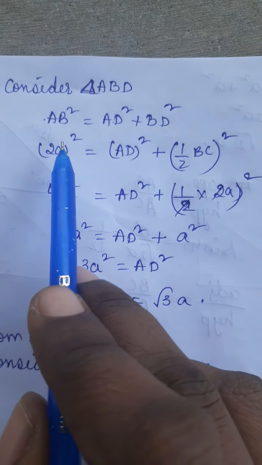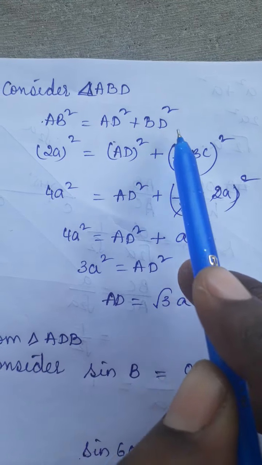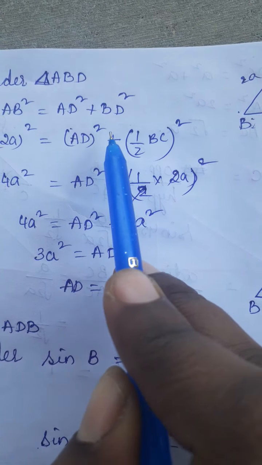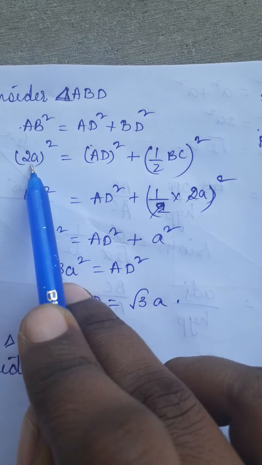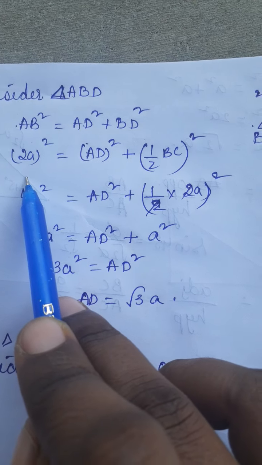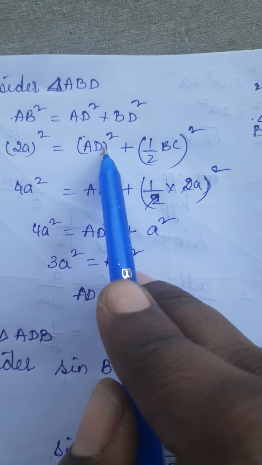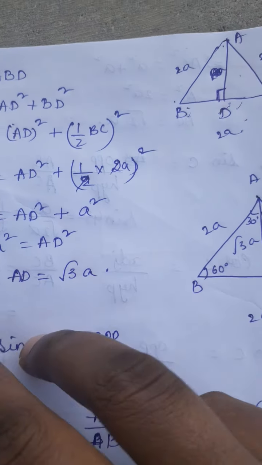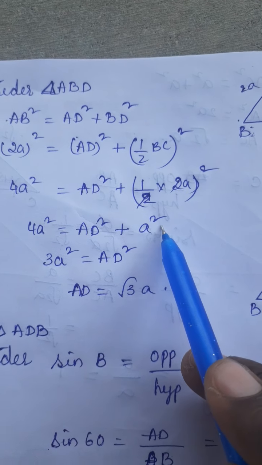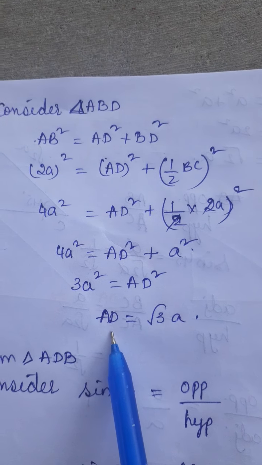Now applying the Pythagoras theorem, AB square is equal to AD square plus BD square, and AB is 2A. So substituting here, AD square plus BD, which is half BC. Already I have told you before. Substitute the values and finally you will get AD.